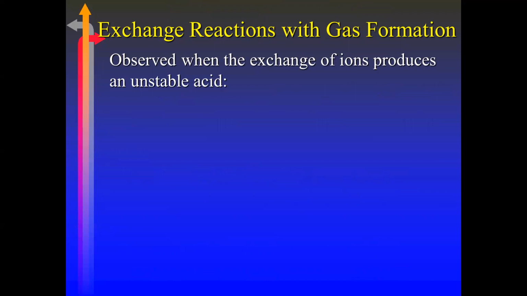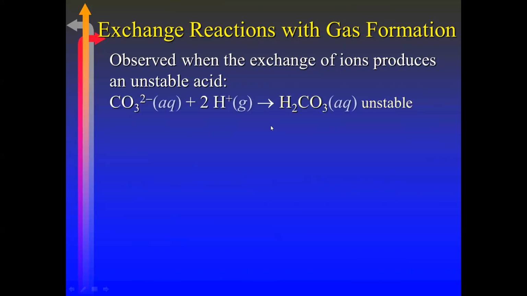So for this acid and base reaction, one thing we want to mention is that sometimes this kind of exchange reaction will end up with a gas formation. Normally this happens when the product is an unstable acid.